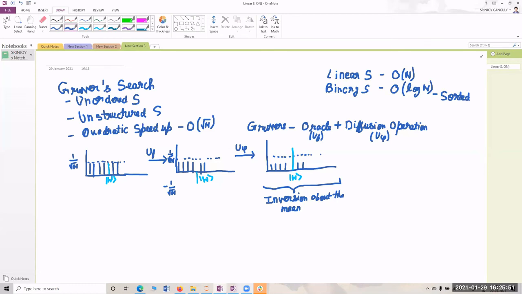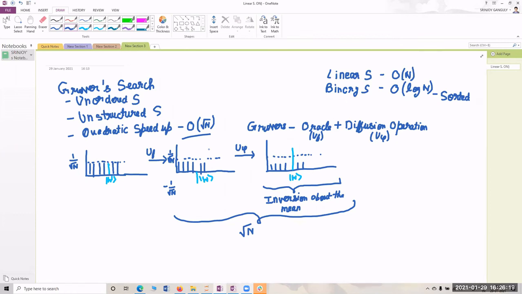And if your database or your array is very large, this whole operation is repeated root n times. That's the complexity which I mentioned here, and that's why Grover's algorithm provides a quadratic speedup.